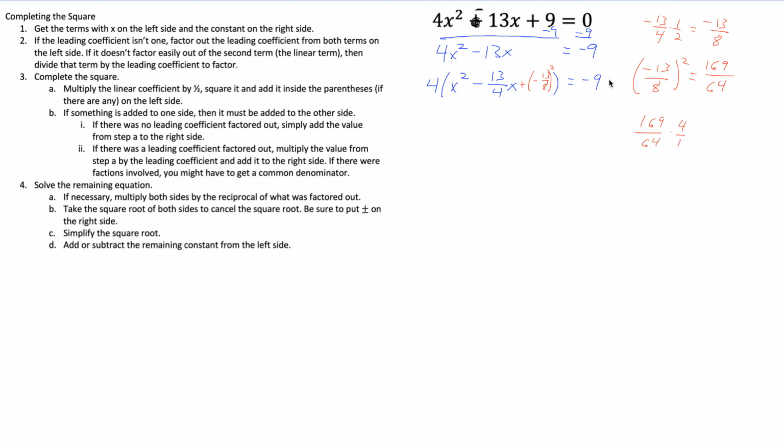And then we're going to add it to the right side, but let's figure out what this is. 4 actually reduces, 4 goes into that 16 times, and so we have 169/16. And we have to add that over here.